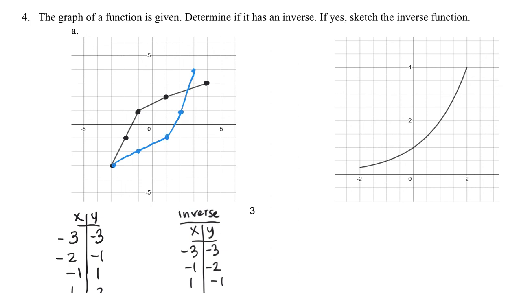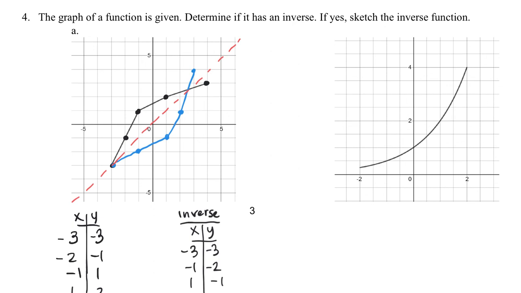So there's your inverse. And you probably don't remember, but an inverse and its function are always a reflection across this line, y equals x. So if you were to graph that line, y equals x, then the original function and the inverse should always be a reflection across that line.